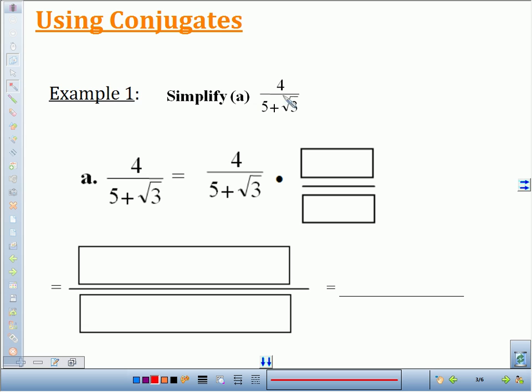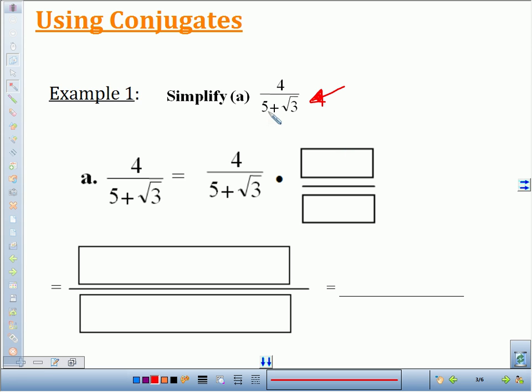Now let's see how this works in practice. I want to simplify this fraction: 4 over 5 plus the square root of 3. First of all, I want to know what the conjugate of this denominator is, because I'm going to have to multiply by that conjugate.